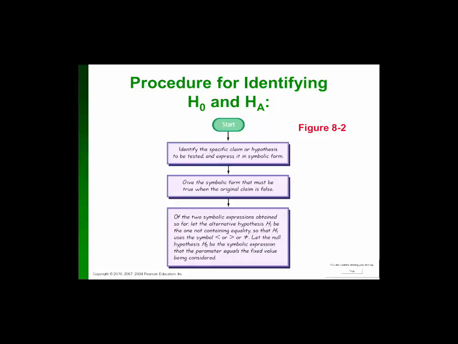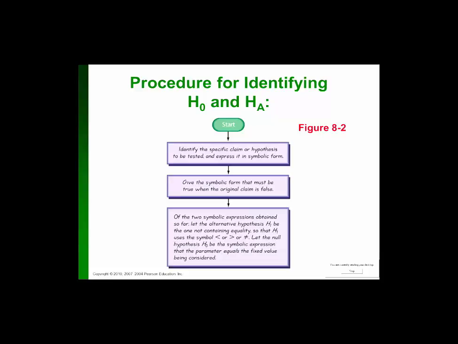If the claim is P is greater than 0.5, what's the complement of that? P is less than or equal to 0.5. So you identify the claim, and then I like to call it the anti-claim. But I made that up. That's not in the book. You identify the claim and its complement.